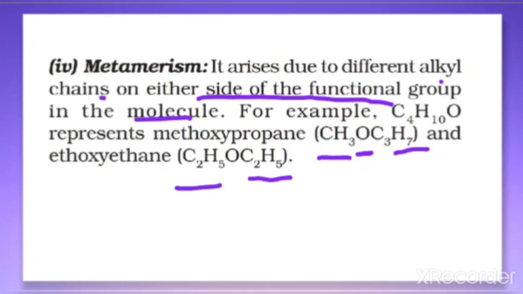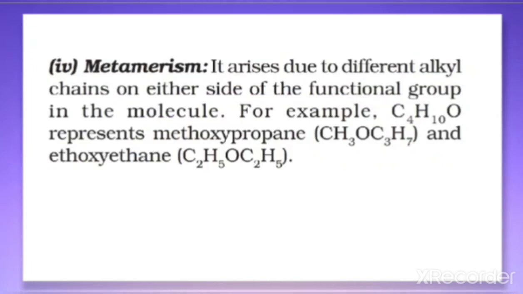That's why they are called isomers, and they have the same molecular formula. When you check the number of carbons here, it is 4, and here also 4 carbons, 1 oxygen, and when you count the number of hydrogens, it is also the same. So what is the difference here? The alkyl group on either side of the functional group is different. That's why it is called an isomer, and especially this isomerism is called metamerism.